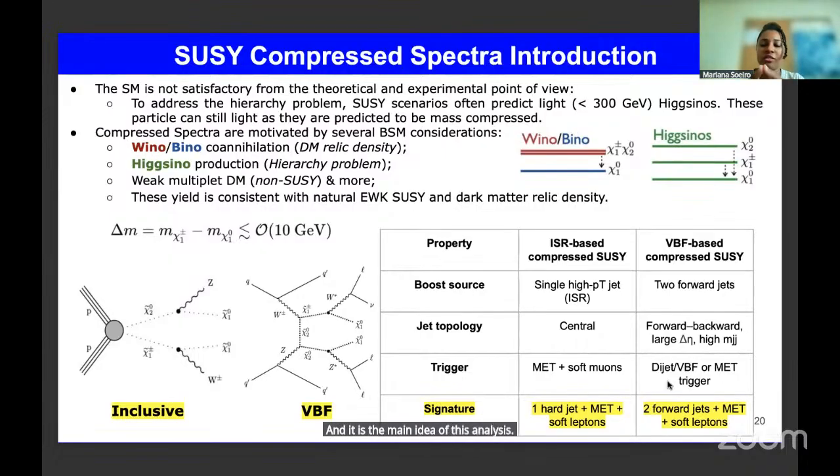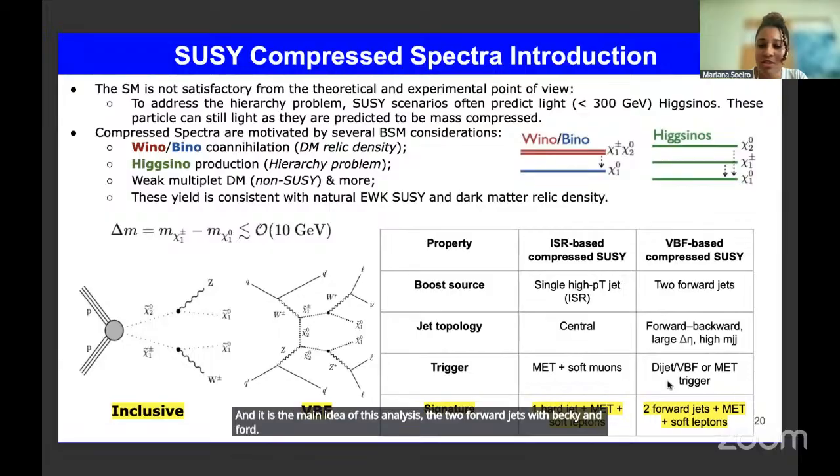The two forward jets, the backward and forward jet, are very easy to identify.